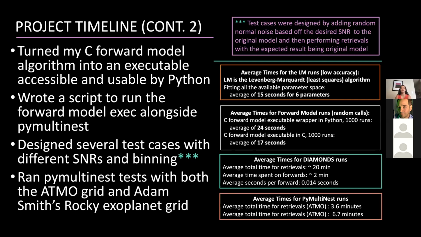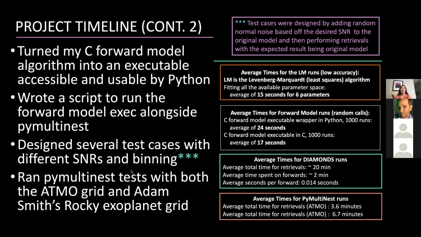I did this because we wanted to look at MultiNest, and MultiNest has a very straightforward Python wrapper called PyMultiNest. We wanted to run my forward model with PyMultiNest and then test what we got. So I wrote a script to run the forward model executable from C alongside PyMultiNest.